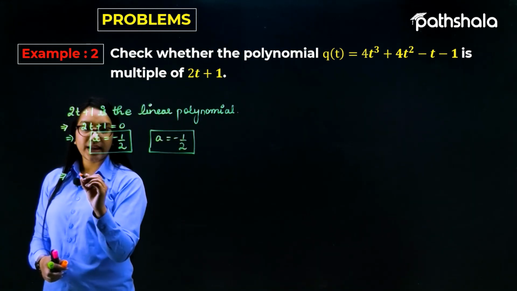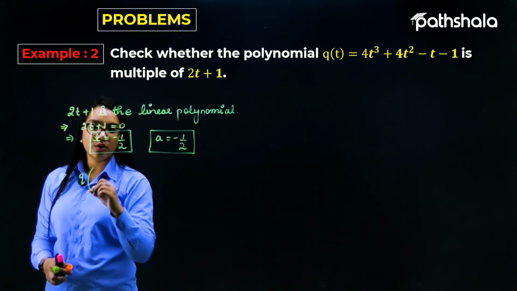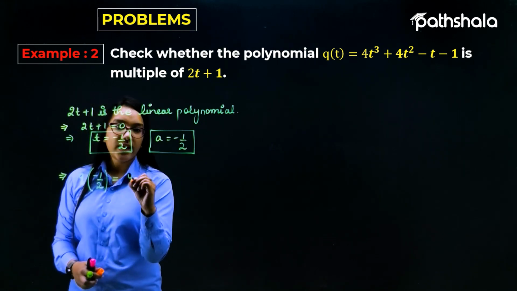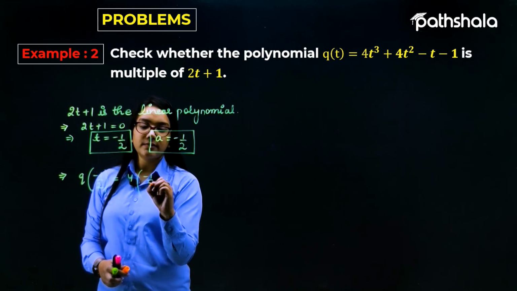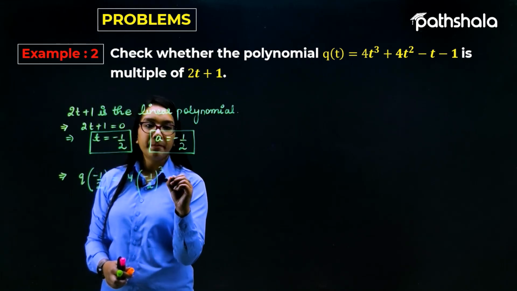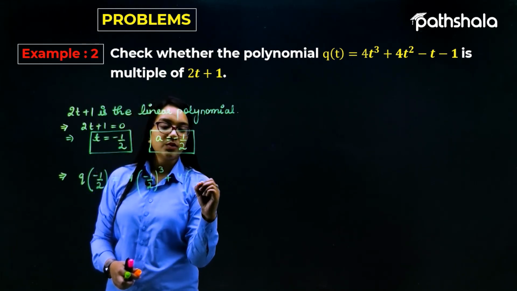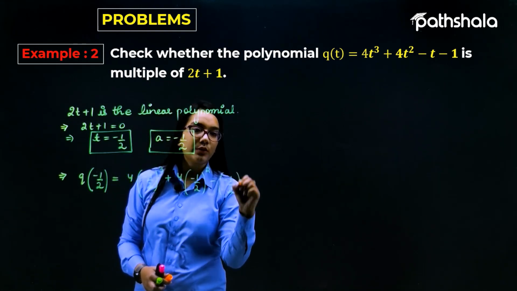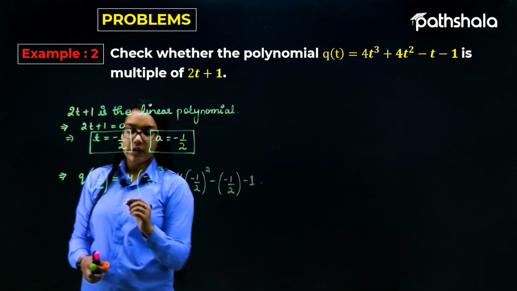So it is like q of t, where the value of t is minus 1 by 2. Substitute this value: 4 times (minus 1 by 2) whole cube plus 4 times (minus 1 by 2) whole square minus (minus 1 by 2) minus 1. Now let's just solve it.